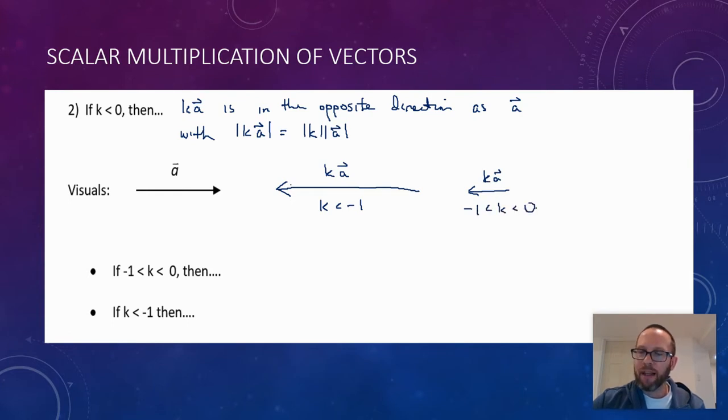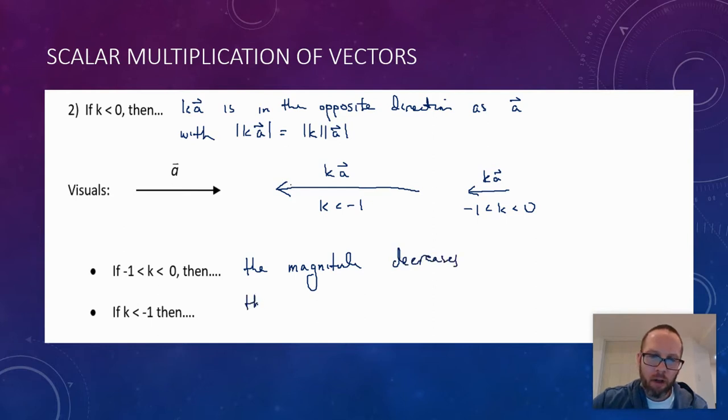So it's scaling down, but it's reflecting, pointing the other way. So if negative 1 is less than k, which is less than 0, the magnitude decreases. And as we talked about, if it's less than negative 1, the magnitude increases, gets stretched.